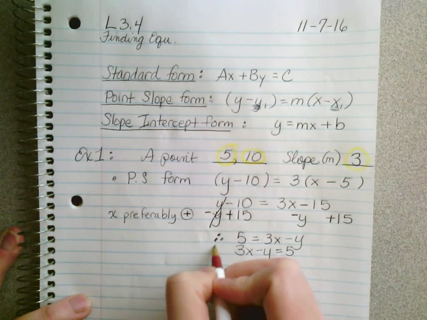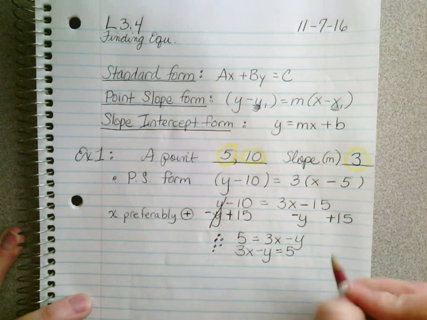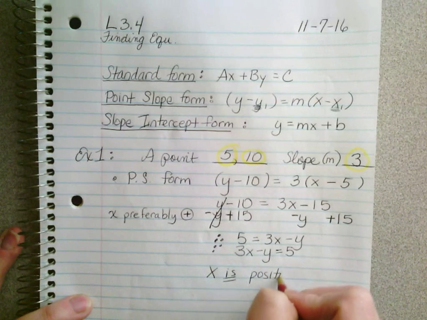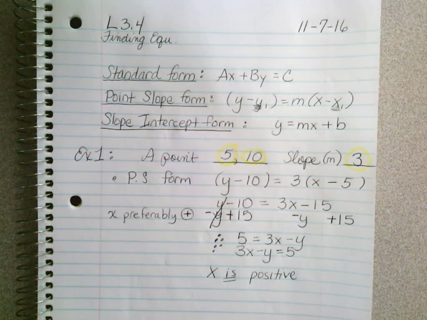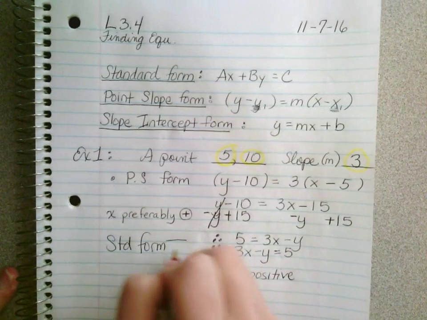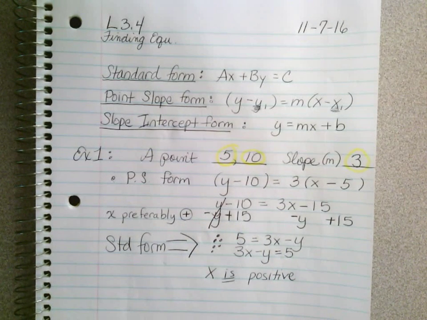Either of these is okay because the x indeed is positive. You're given a point and a slope, and you have made a line out of them in point slope form and then converted it to standard form. They're always going to say, give me an equation in standard form.